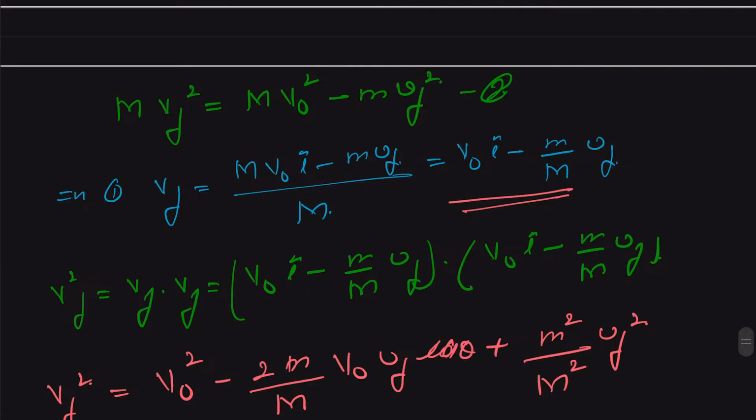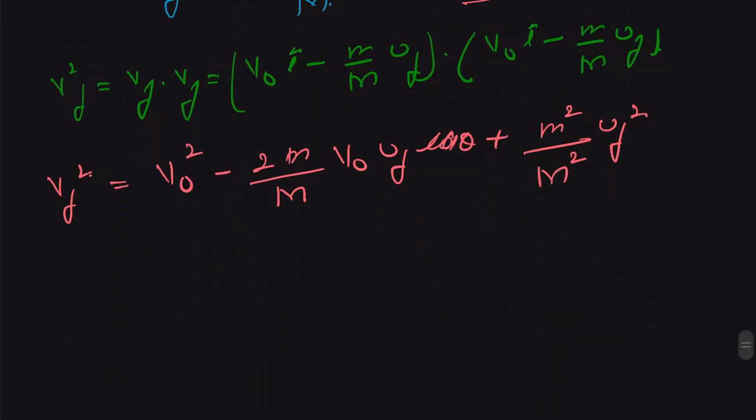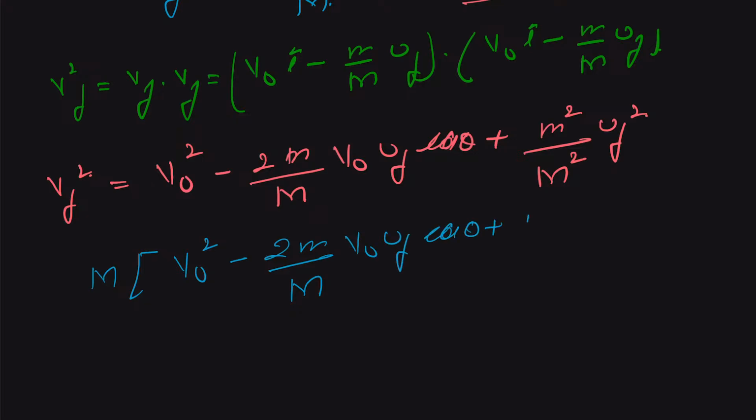Therefore we can say that m times v naught square minus twice M upon m v naught V_f cos theta plus M square upon m square V_f square will be equal to M v naught square minus M V_f square.